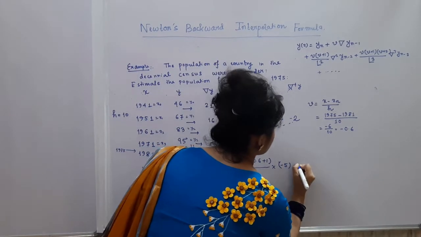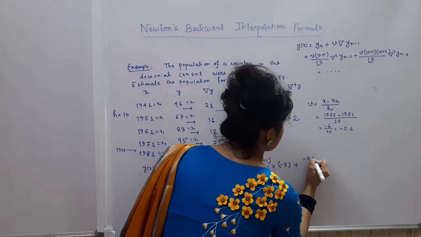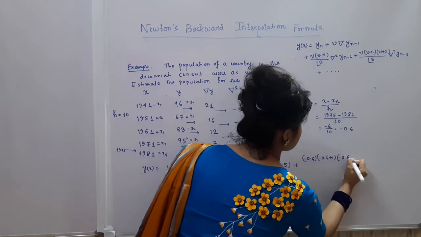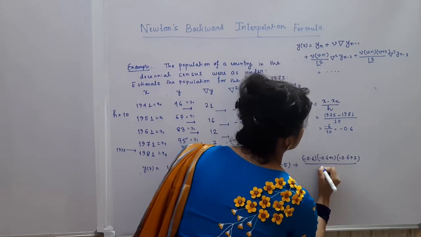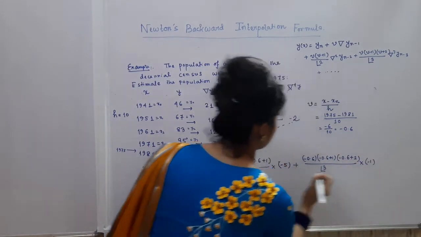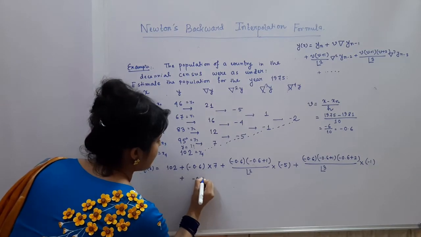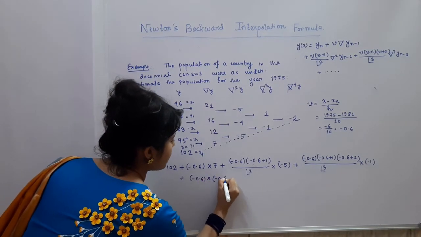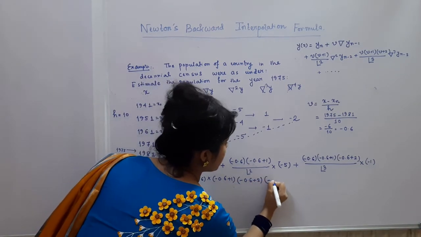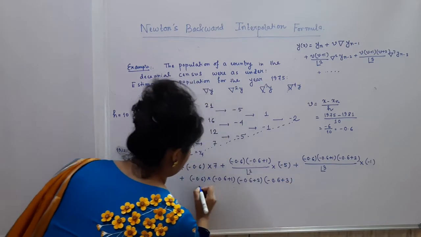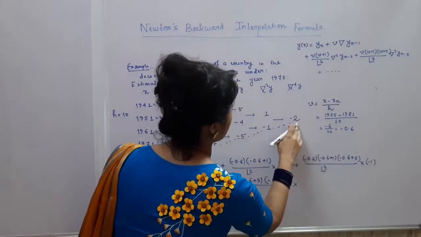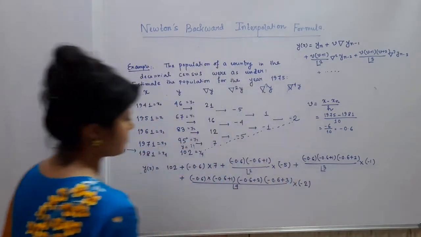Now minus 0.6, that is v into v plus 1 into v plus 2 by factorial 3 into this one, that is minus 1, plus v into v plus 1 into v plus 2 into v plus 3 by factorial 4 into the last value, that is minus 2.